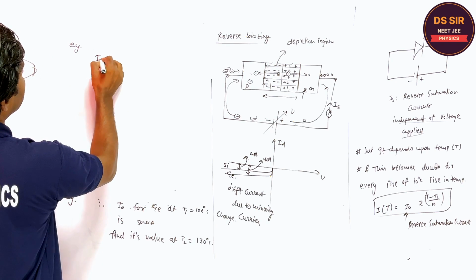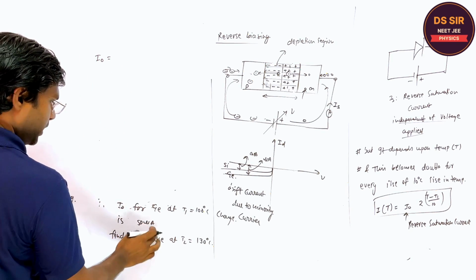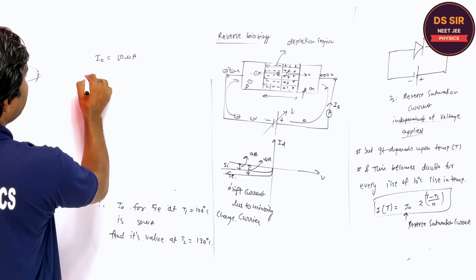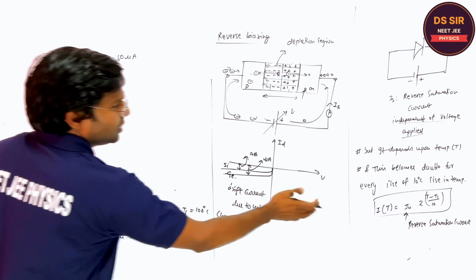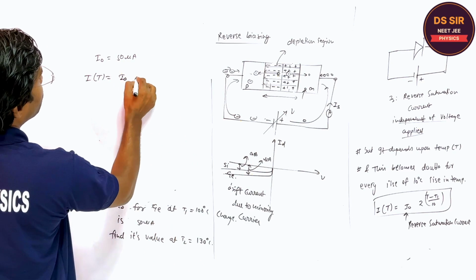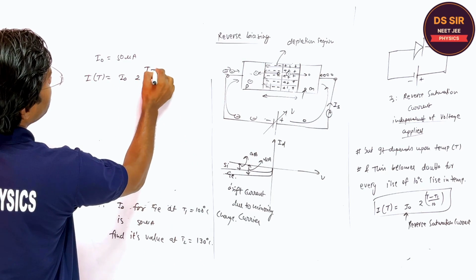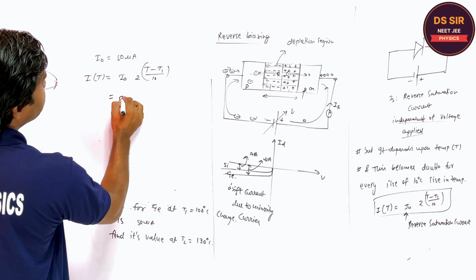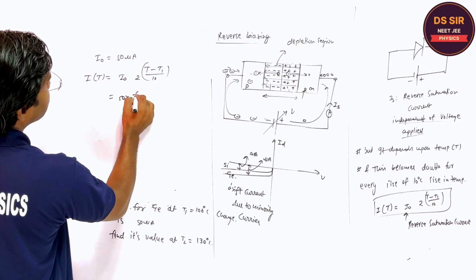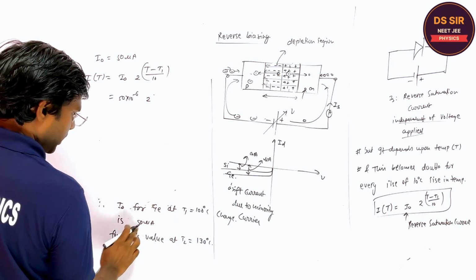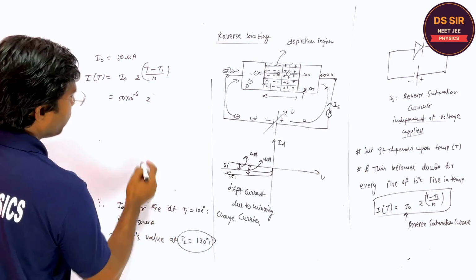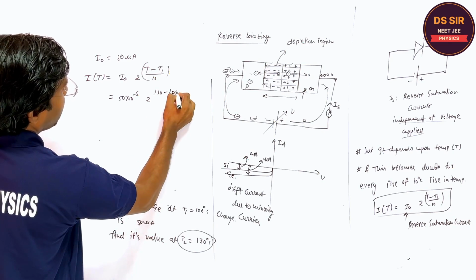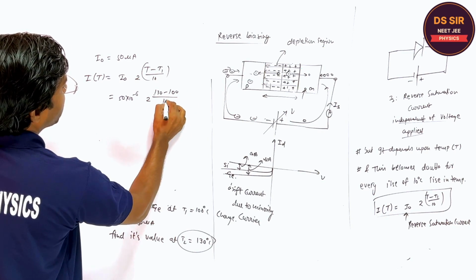The initial current is what? Say 50 microampere, and the current as a function of temperature T is given as I naught 2 raised to the power (T minus T1) upon 10. So I naught is 50 microampere, 2 raised to the power, T becomes 130, so 130 minus 100 upon 10.